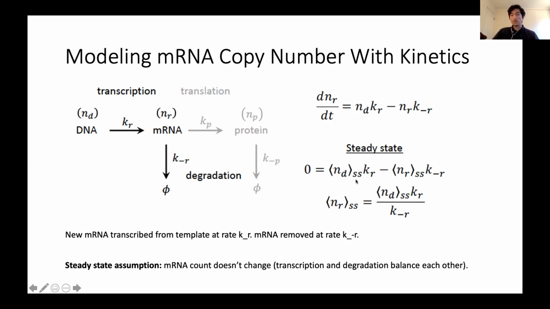And then we also denote the concentrations of both the DNA as well as the mRNA copy number at steady state by this subscript SS. And we eventually come up with this relationship.